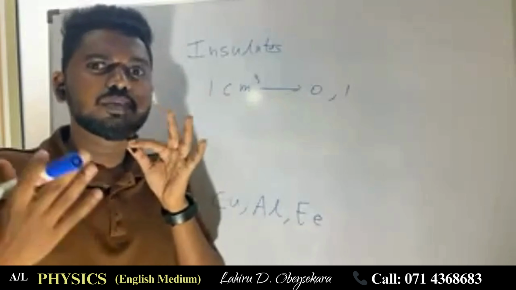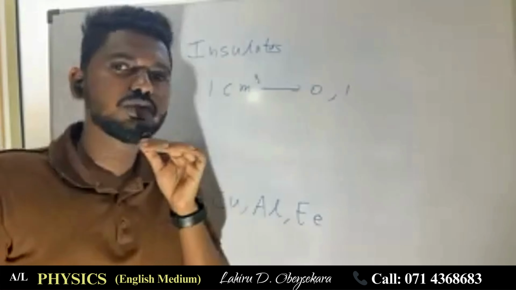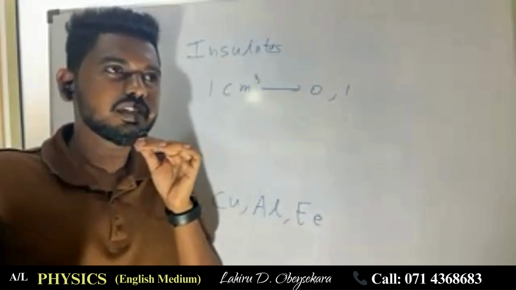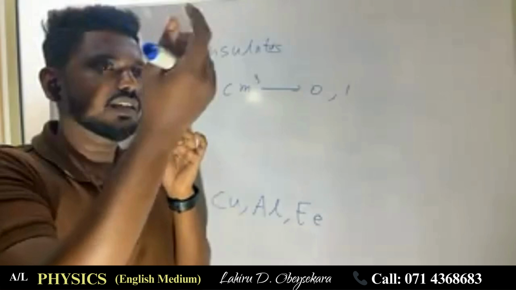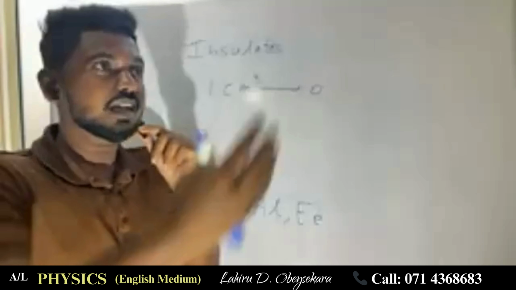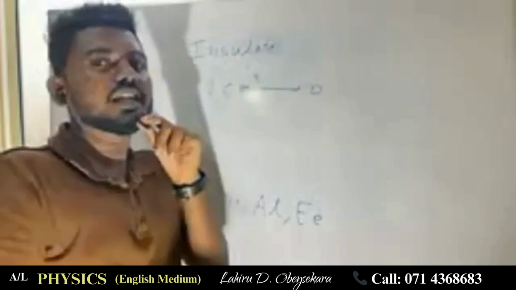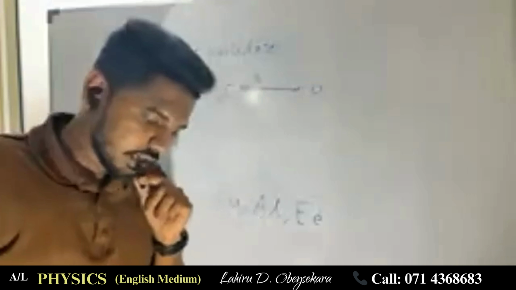If the atmosphere is a conductor, what happens? We cannot go through a road also. What happens? Current, we could not even walk on the road. That does not happen. So the reason for that is there are no free electrons to move.